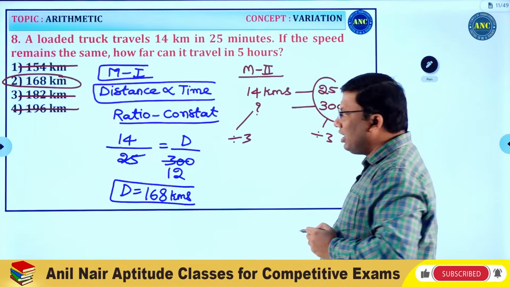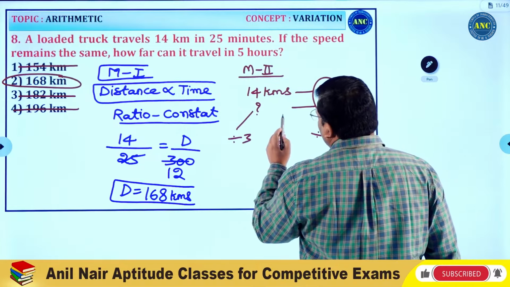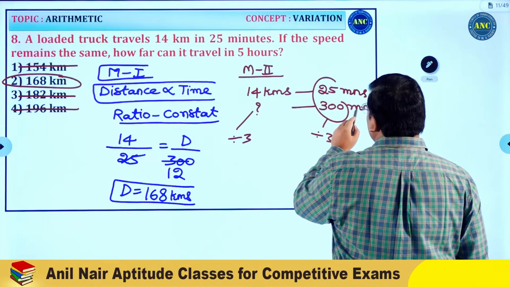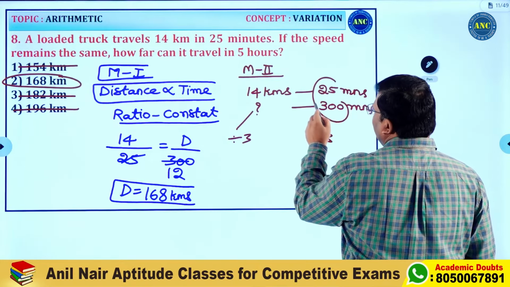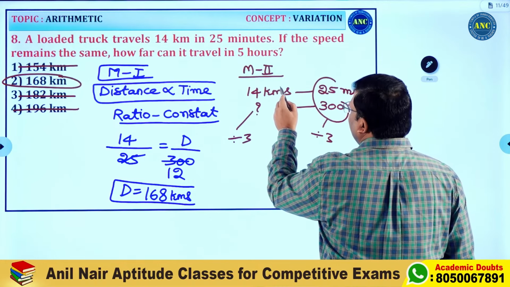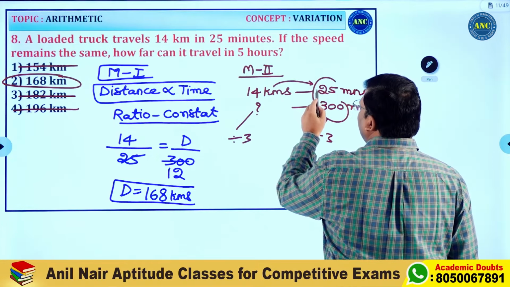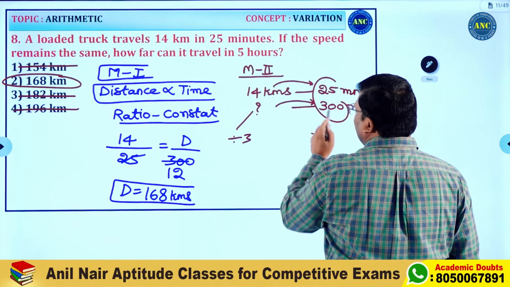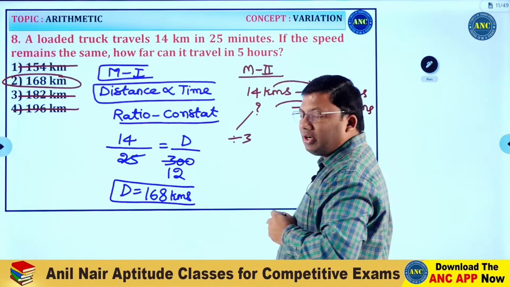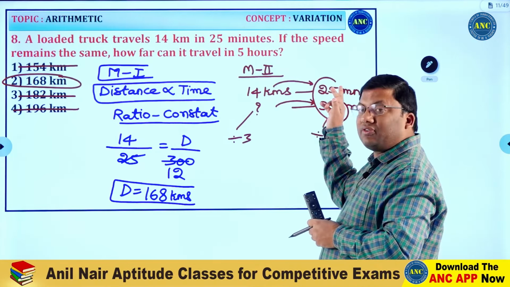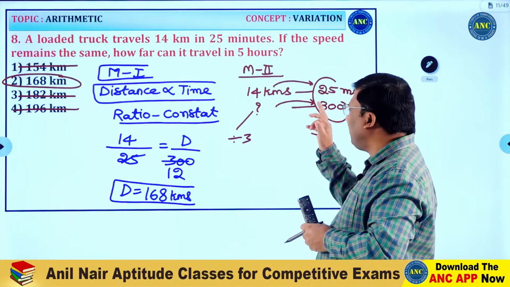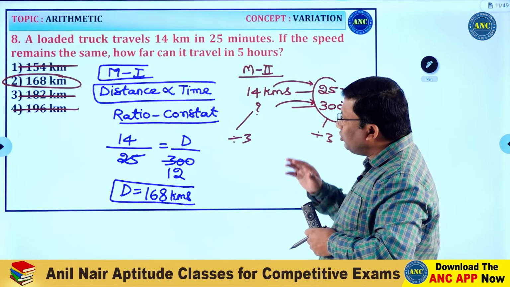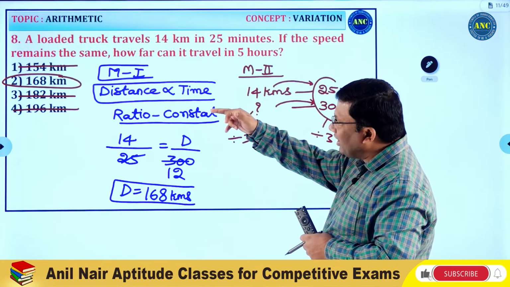Or another way, write 25 into 25. If you observe carefully, 14 2s are 28. This should be less than 2 multiple. 25 is given, less than 2. 182 2s are, these are all extreme values.